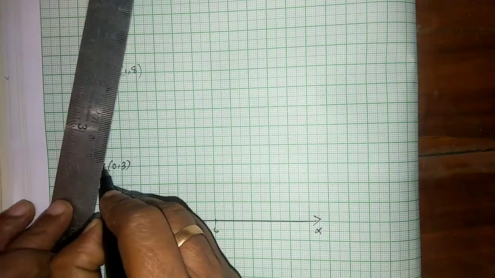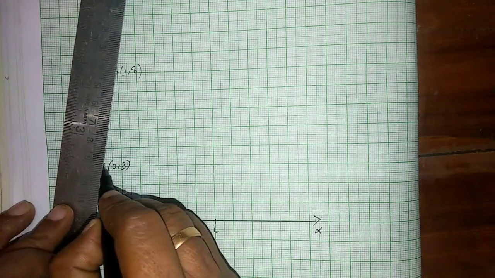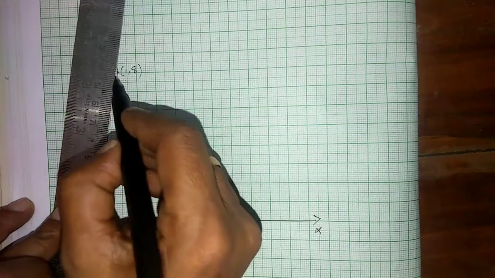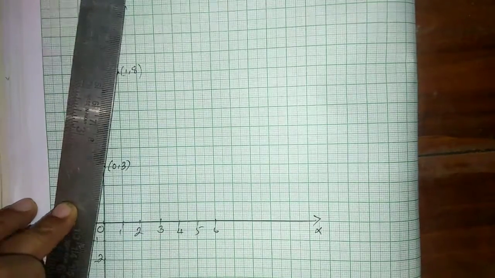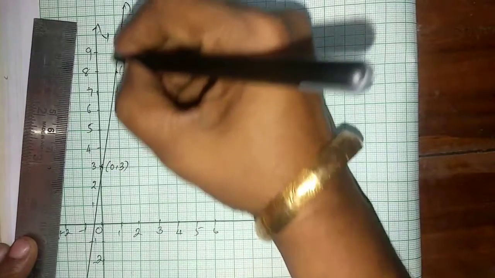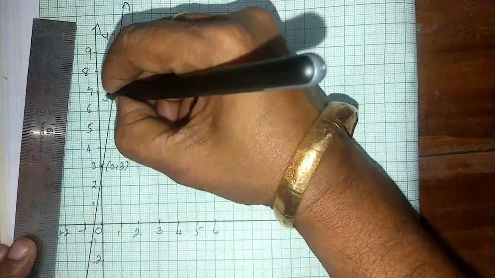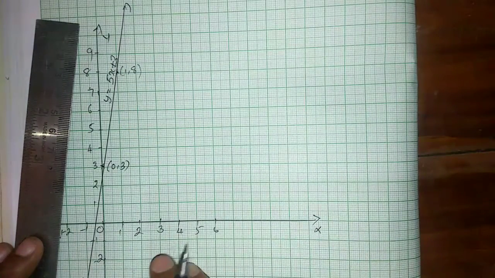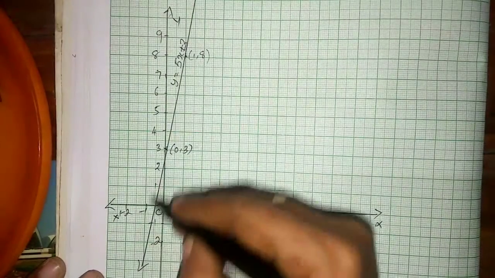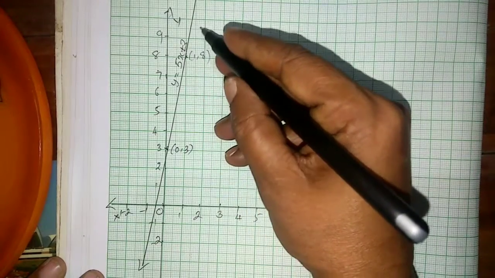Plot the points and join them. This line is the graph of y equal to 5x plus 3.